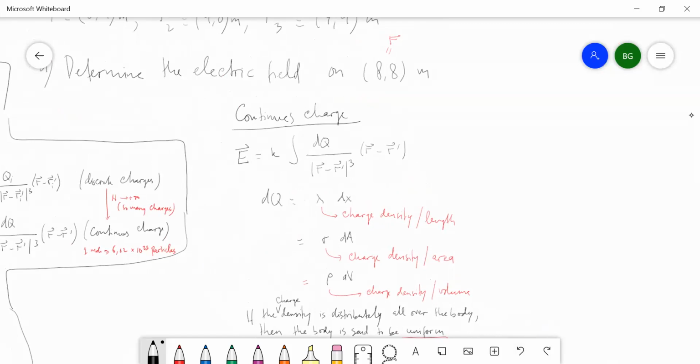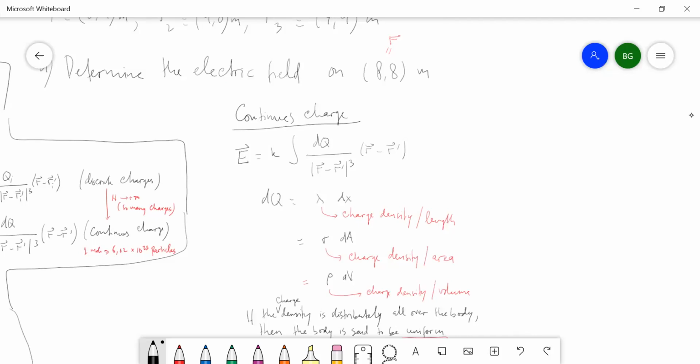And there is also sigma, which we also call charge density, per unit area.